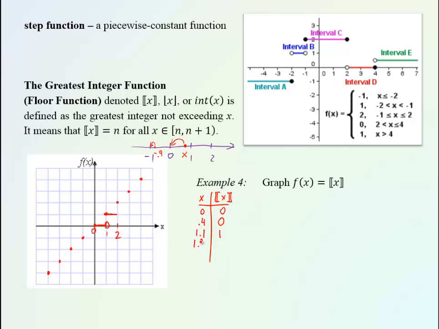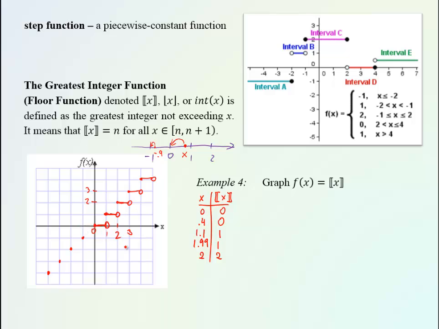For example, 1.99, the greatest integer of it is still 1. However, at 2, the greatest integer is 2. So we jump from 1 to the 2. And then a little bit more than 2, we still keep the value 2. However, at 3, we skip to the 3. And so on and so on. As you see, those will be like steps. That's why it's called step function.